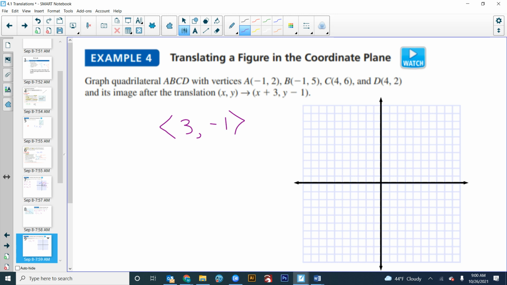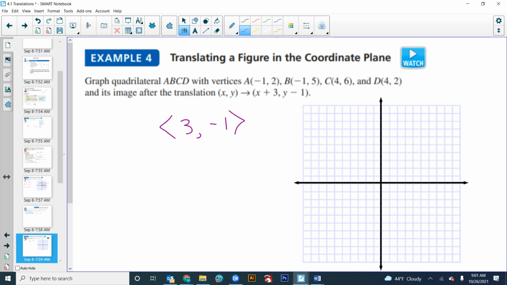So that arrow is like transformed into. I've also seen that end of course test say maps onto. It gets mapped onto. So XY gets mapped onto X plus 3, Y minus 1. Those are all synonymous. Okay? Transformed into, mapped onto, translated. When you write the vector, do you have to use those pointy brackets?